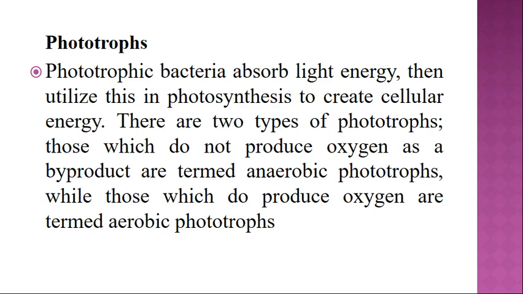There are two types of phototroph: those which do not produce oxygen as a byproduct are called anoxygenic phototrophs, and those which produce oxygen are called oxygenic phototrophs. So phototrophs are those organisms which use light as a source of energy.